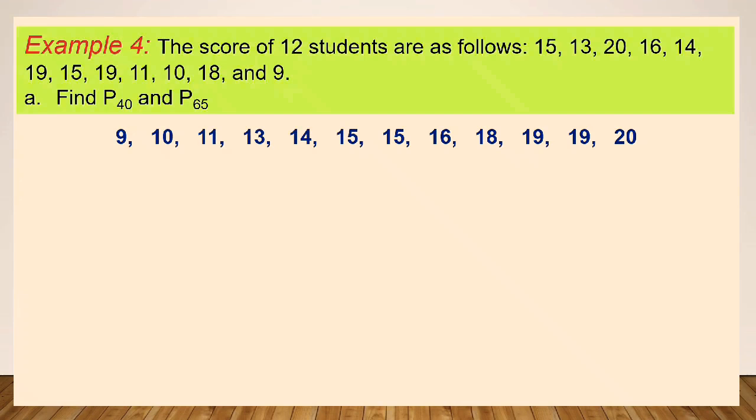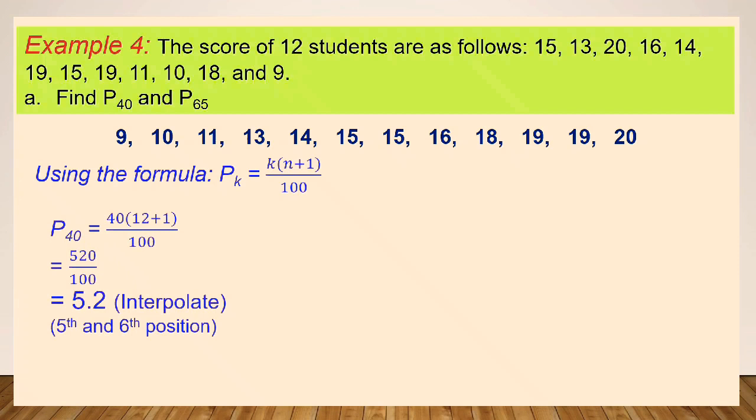So by arranging the data in ascending order and applying the formula for the percentile, that is k times the quantity n plus 1 all over 100, let's begin identifying the value of the 40th percentile. So that is equal to 40 times the quantity 12 plus 1 all over 100, resulting to 520 all over 100, getting its quotient, that is equal to 5.2.